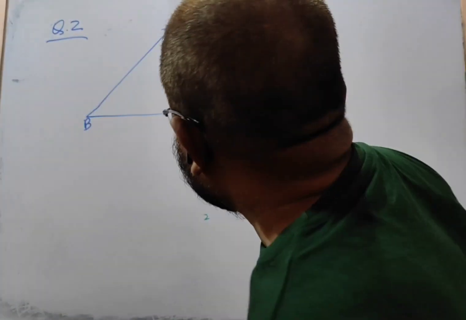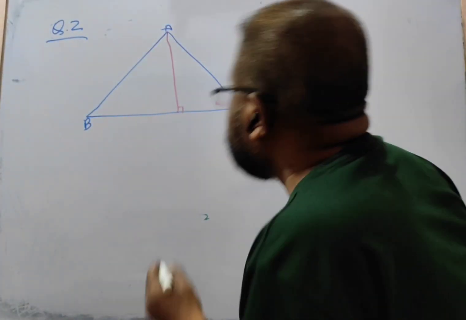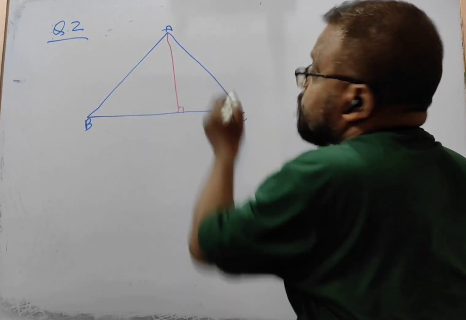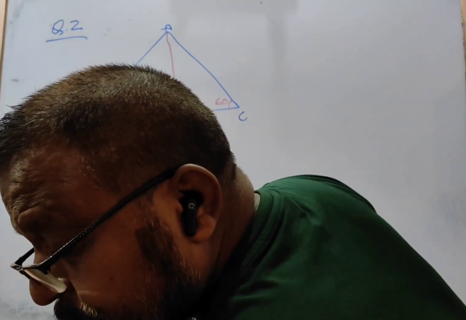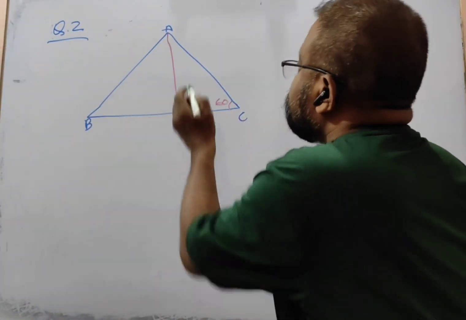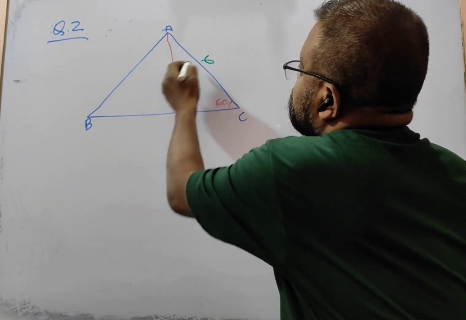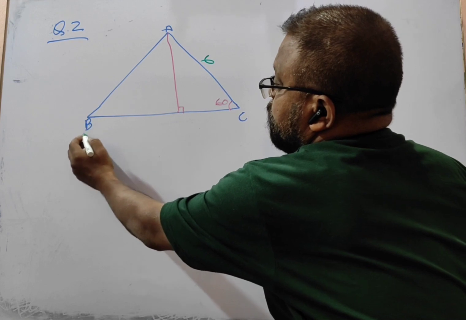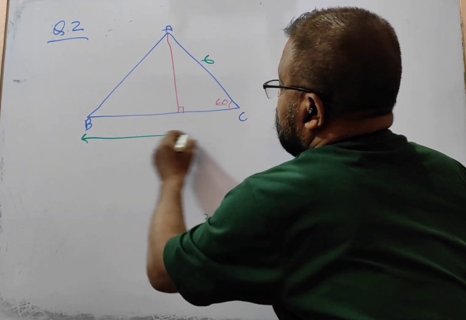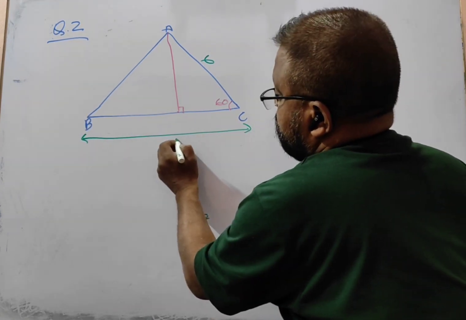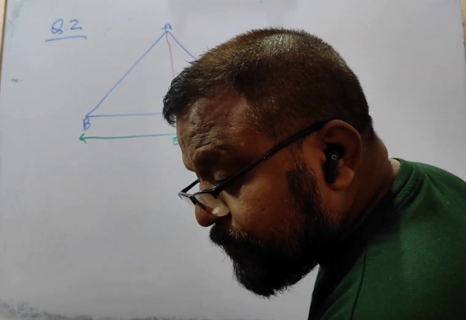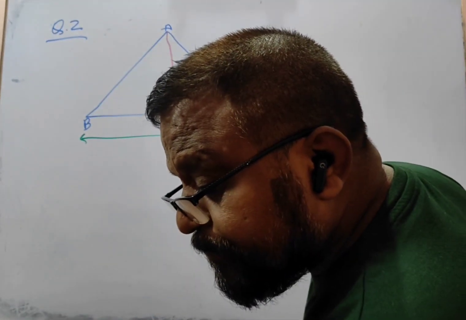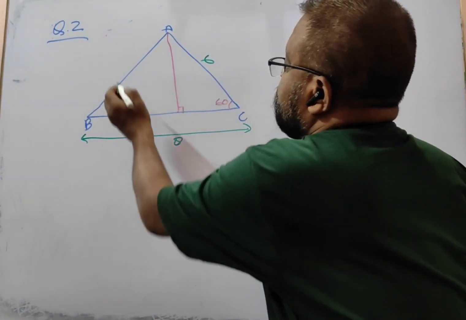And this is given as 6. This is given as 6, and this total is 8, right? So we have to find the x.